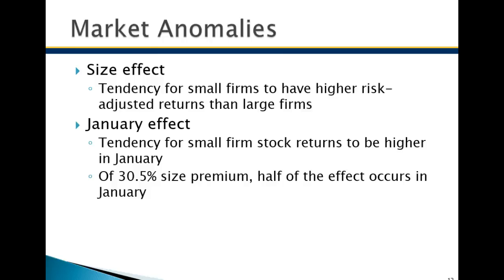So if you look at the size premium, meaning that we know that small companies do better than large companies, but if you broke down their return for the year, most of their return comes in January. So if you were going to take advantage of this anomaly, you should buy small cap mutual funds or small cap index funds in December and then sell them in February, because most of the year's gain will occur in January.